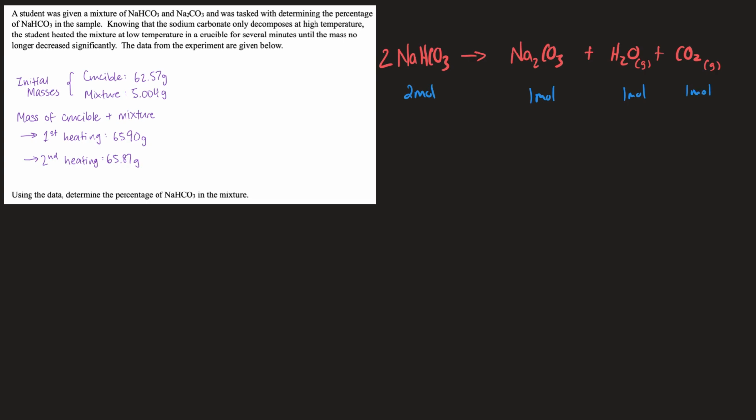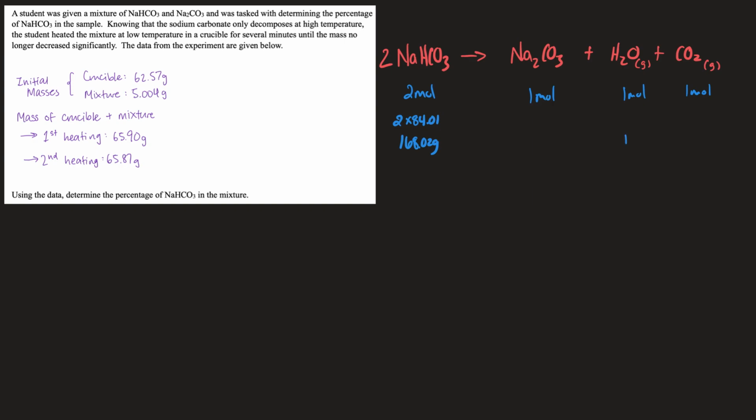So those numbers are nice, but mass is going to be better here because the data from the problem is all in terms of grams. So if we do 2 times the molar mass, 84.01, we get 168.02 grams. We're not so concerned about the sodium carbonate right now.